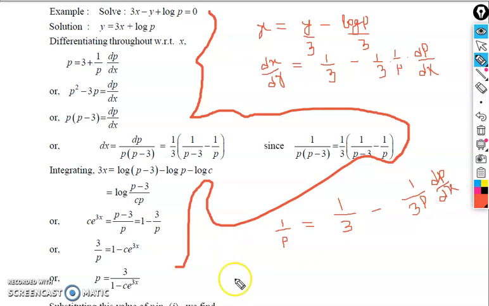So the next step is, you just consider 1/3 and 1/p on the right hand side and this quantity on the left hand side.